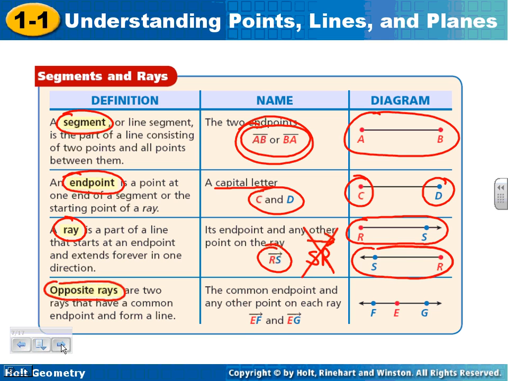So this right here is how we would name them. Notice that's endpoint E going to F. So endpoint E going out this way towards F. The other one is endpoint E going towards G. So starting here and going towards G would be the other ray. Those are opposite rays.